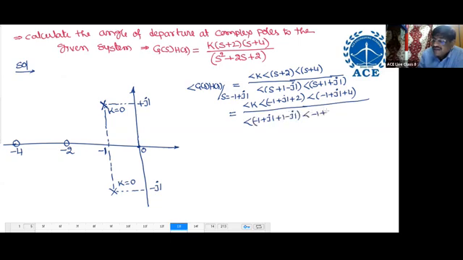Angle of S place, you put -1 plus J1 plus 1 plus J1. Now what happened? -1 cancels. Then angle of K, angle of what you are getting? 1 plus J1. Angle of here what you are getting? 3 plus J1. Divided by angle of 0, angle of J2.